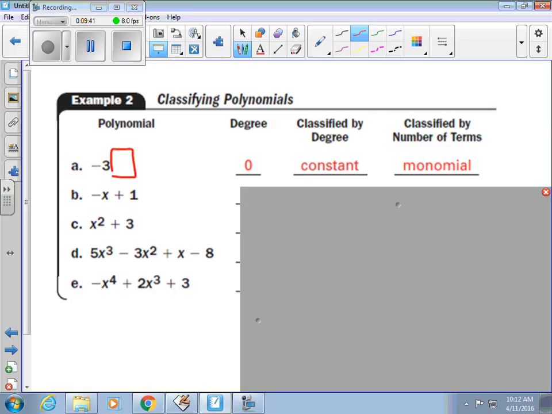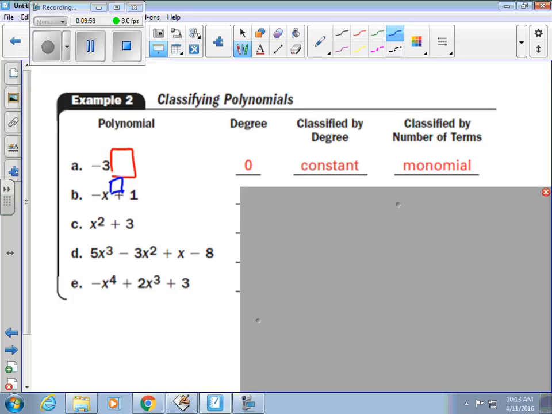What is the largest exponent of the second one? It says negative x plus 1. What's its exponent? Right here. It's not shown what goes there. 1. So its degree is going to be 1.